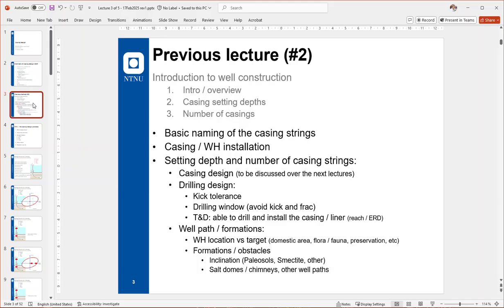You need to keep certain inclinations through these ones. You also have the smectites, extremely reactive shales with a certain time limitation. Say that you drill through it, and then you need to, of course, stop drilling and install your casing or liner as soon as you can.